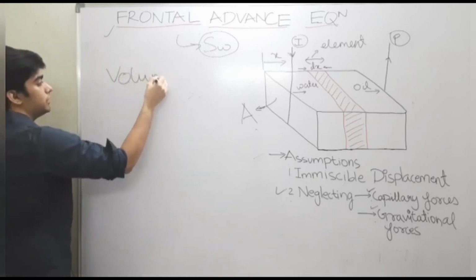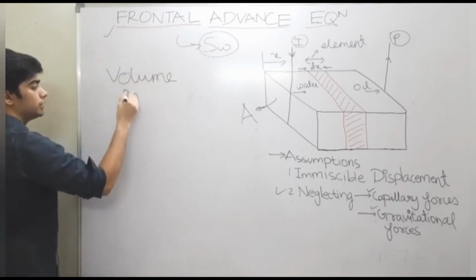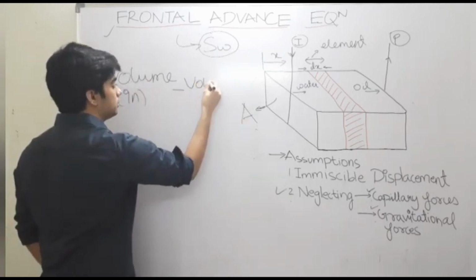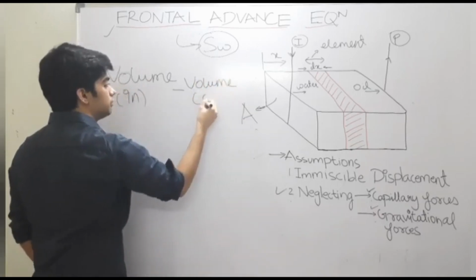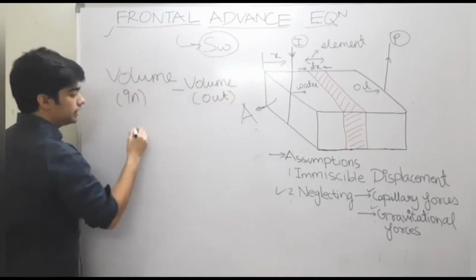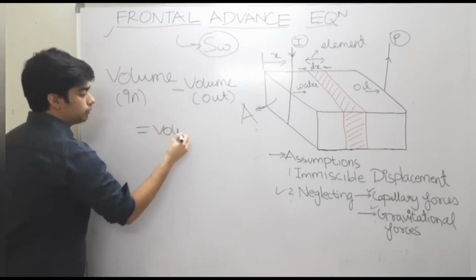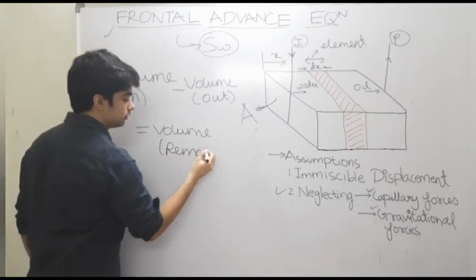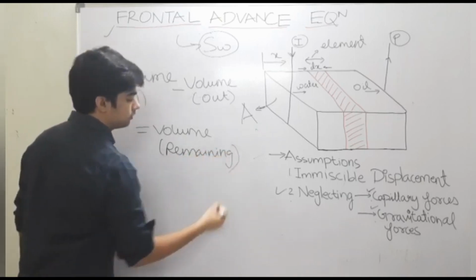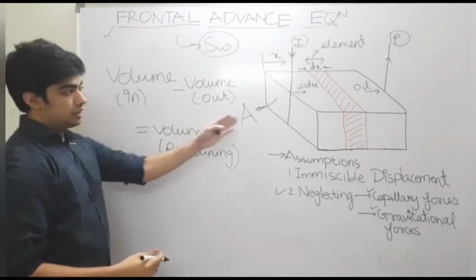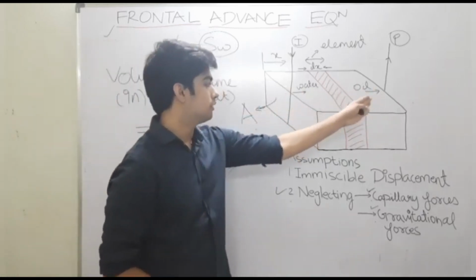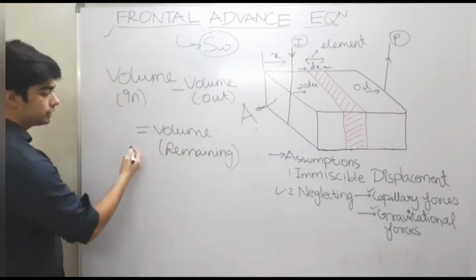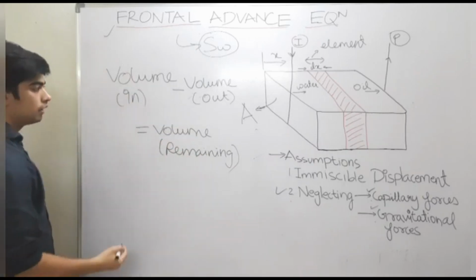volumetric balance basically says that the volume which is getting inside this element minus the volume which is coming out of this element is equal to the volume staying inside or remaining in that element. Something is going in, something is coming out, but there is some difference between the inflow and outflow, and that difference is defined by the remaining volume.